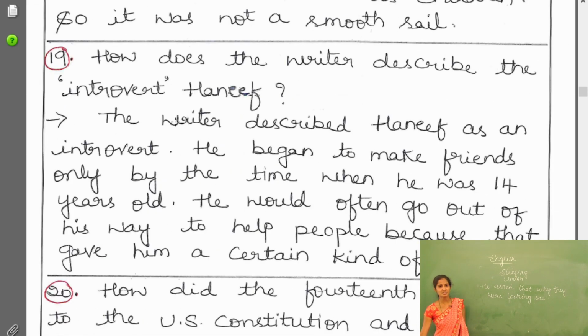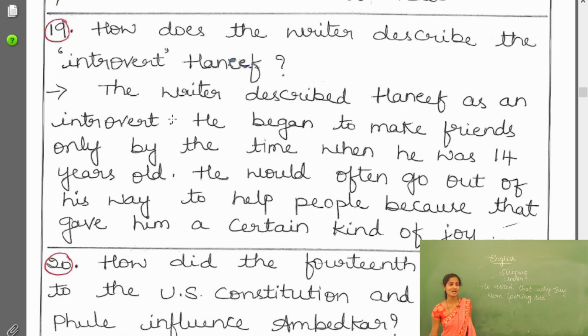And the 19th question is, how does the writer describe the introvert Hanif? I have told you, introvert means one who is lost in his own thoughts. For introvert, the opposite is extrovert. The writer described Hanif as an introvert because he was thinking about everything in his mind itself.